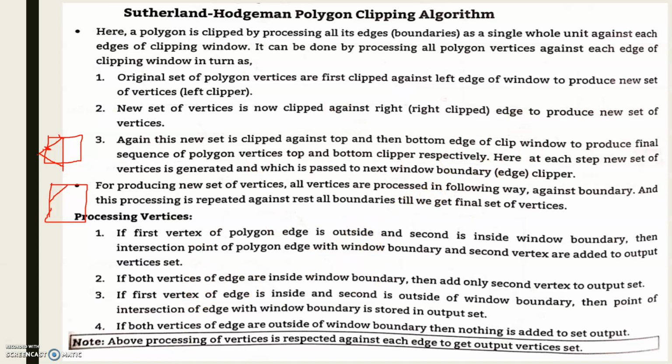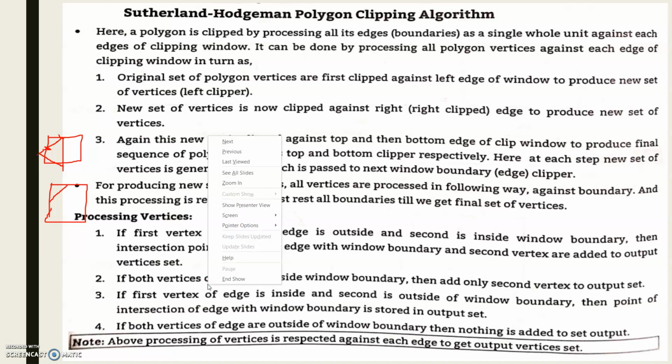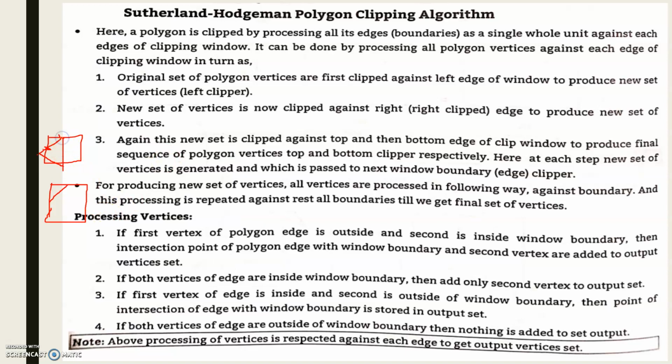If the first vertex of the edge is inside and the second vertex is outside, then the point of intersection of the edge with the window boundary is stored in the output set. If your first vertex is inside and second is outside, then for the output window you will consider only this part.